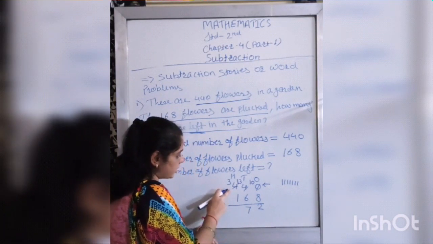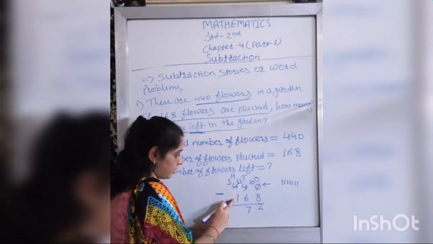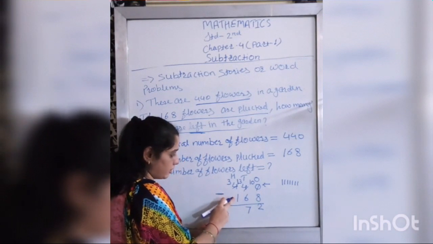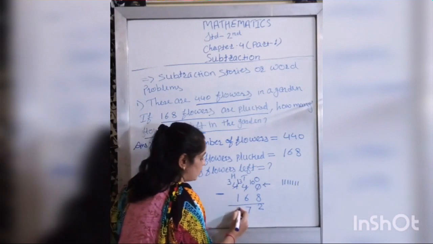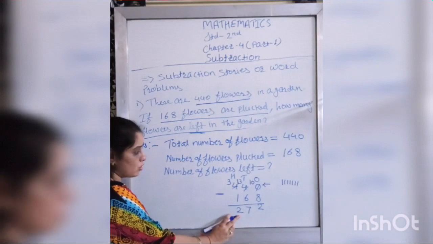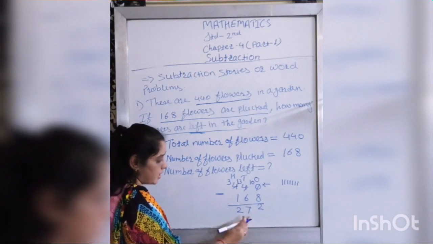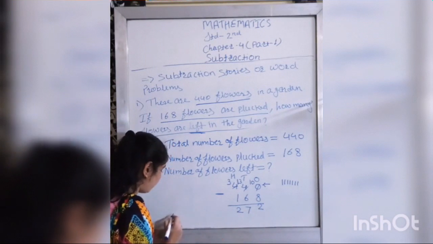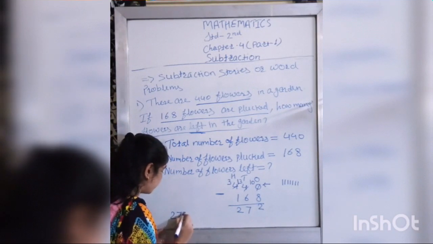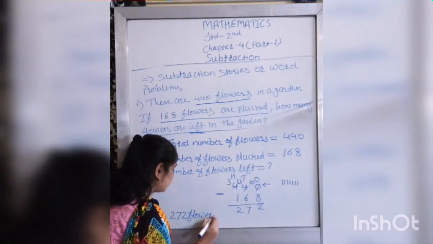Now see the next number on the hundreds place. 3 minus 1. Can you tell me, 3 minus 1 is equal to 2. So our answer will be: the number of flowers which are left in the garden is 272 flowers. Understood?